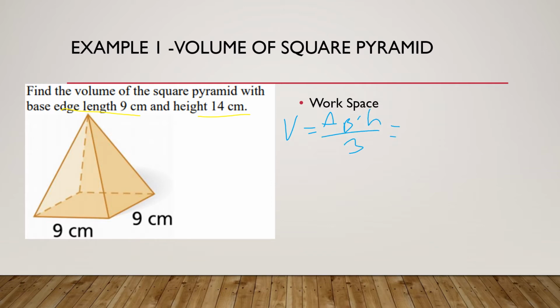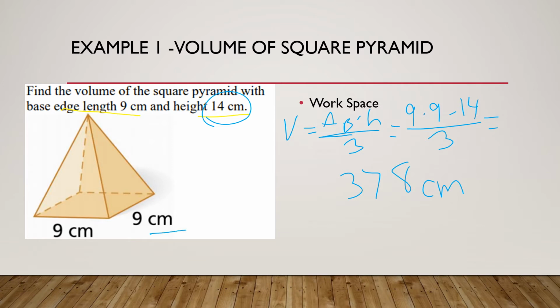So here the area of our base would be 9 times 9. We're going to multiply that by the height. They tell us our height is 14. And then we would divide that by 3. So if we do all of that math, we would end up with 378 centimeters. Because we're measuring volume, we say it's centimeters cubed.